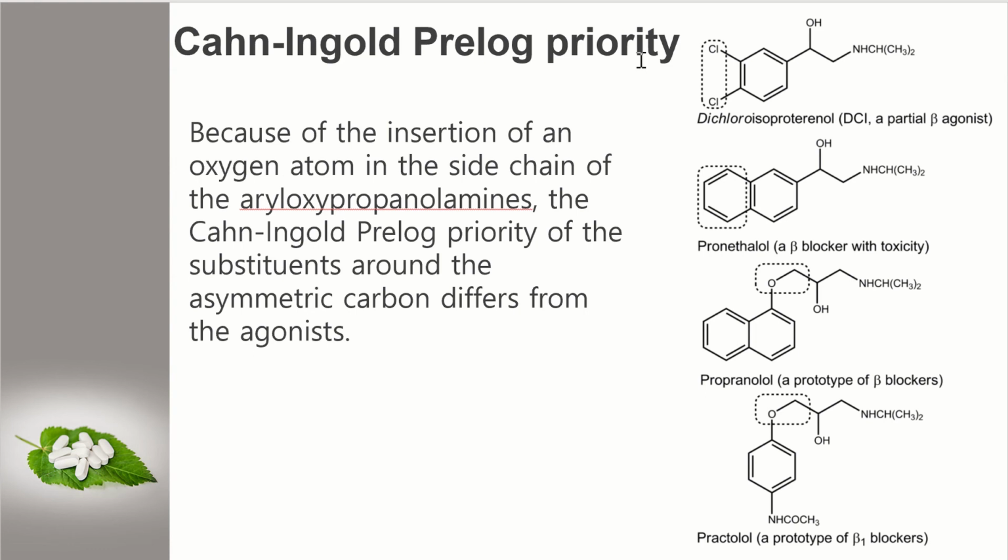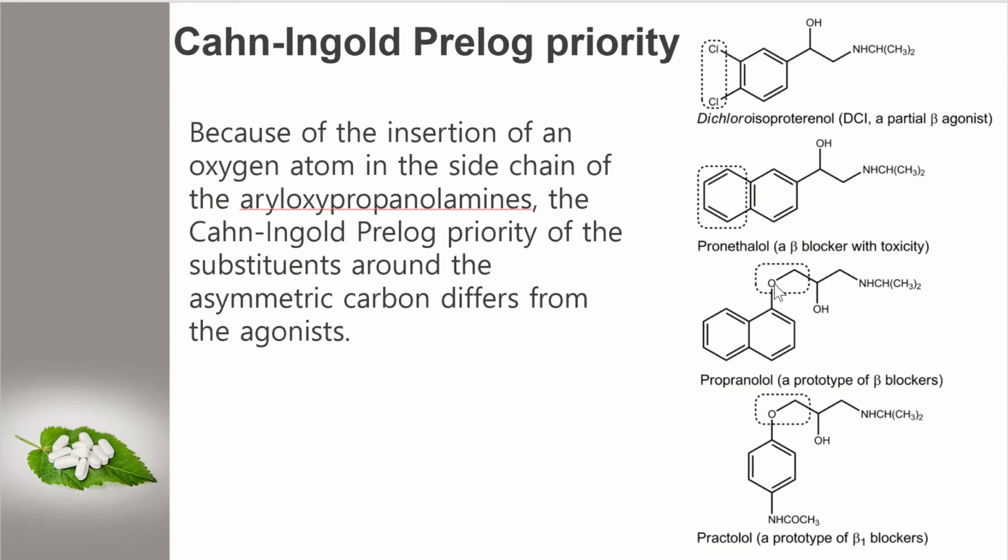And based on our follow-up question that we just saw, that is what you would use to assign the priority. And that, of course, is based on atomic number, right? So because of the insertion of an oxygen atom in the side chain of the aryloxypropanolamines, the Cahn-Ingold-Prelog priority of the substituents around the asymmetric carbon differs from the agonist, right?